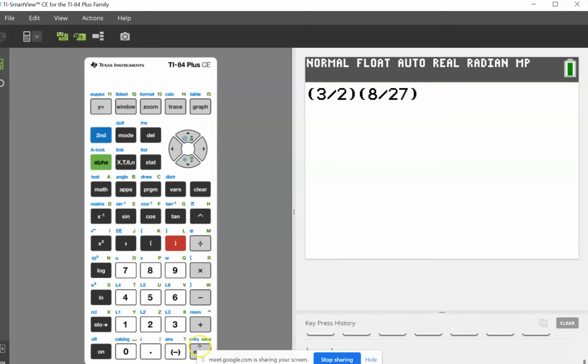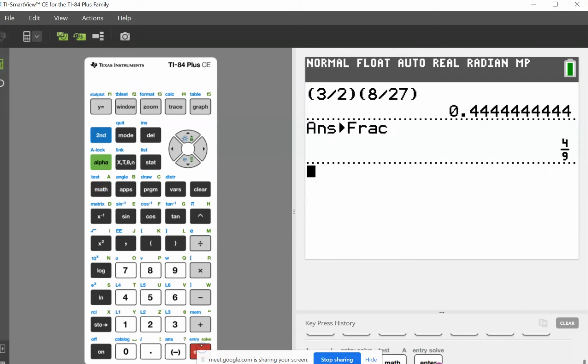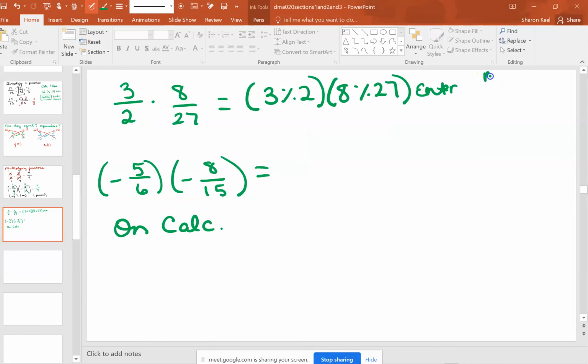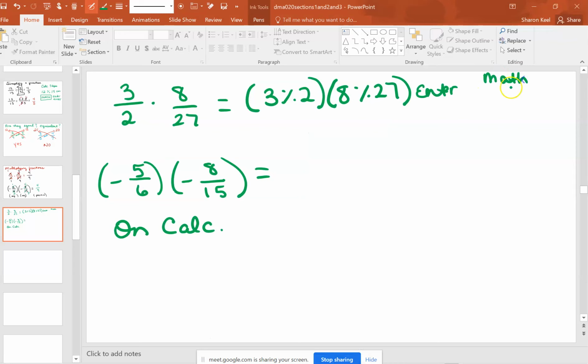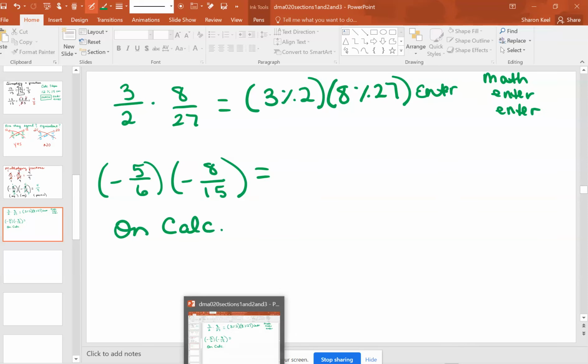Once we type it in, we press enter, and then we do math, enter twice. Math, enter, enter. And then after that, you do math and enter 2 more times. That's one way to type that in, okay?